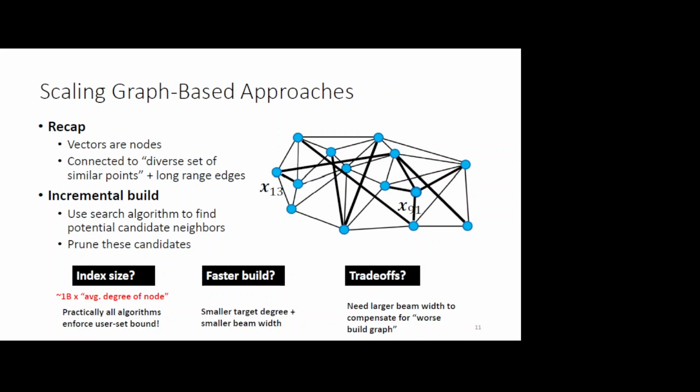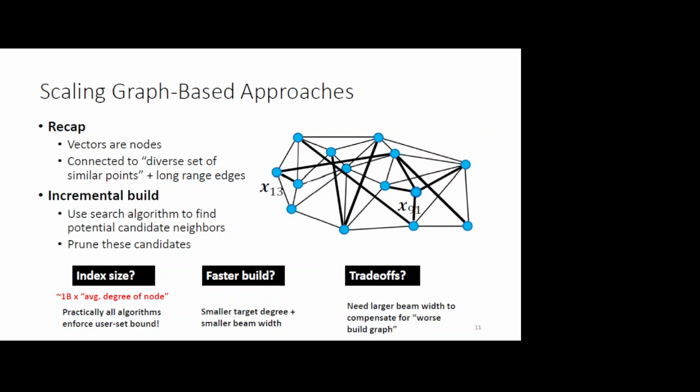And then x93. I will insert the points one by one. It's called an incremental build. So it's a general way to build a graph-based structure.